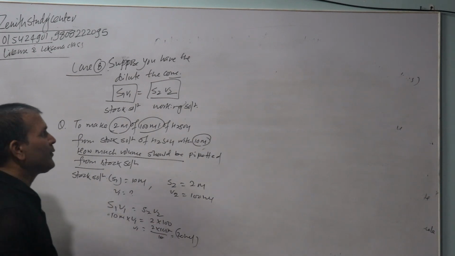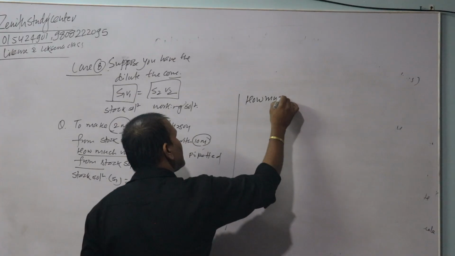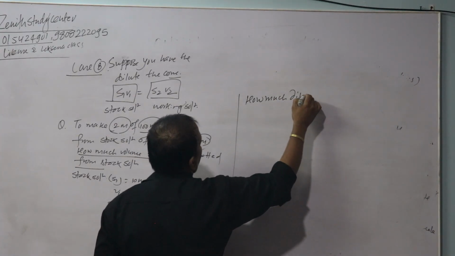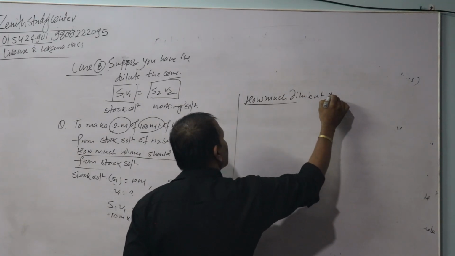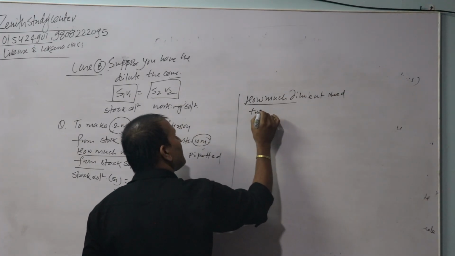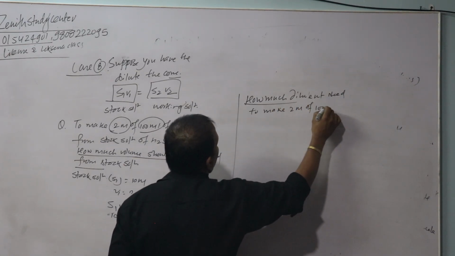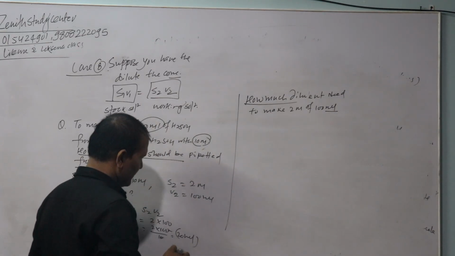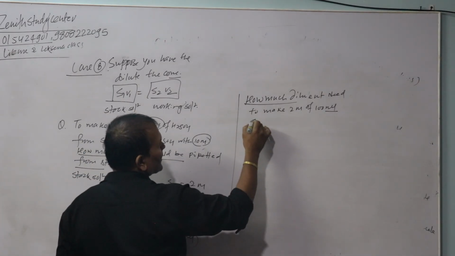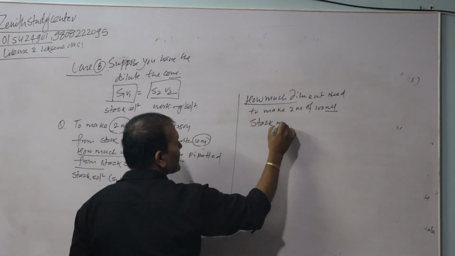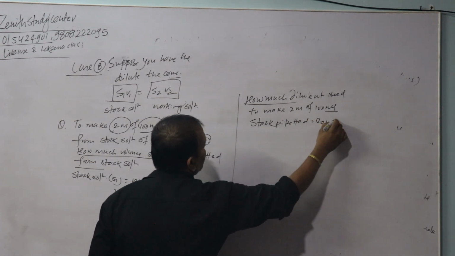Or if you ask how much diluent is needed to make 2 molar of 100 ml: the stock solution pipetted is 20 ml.